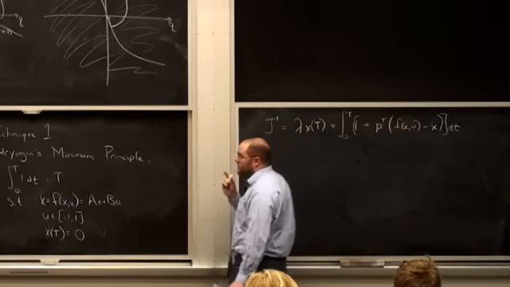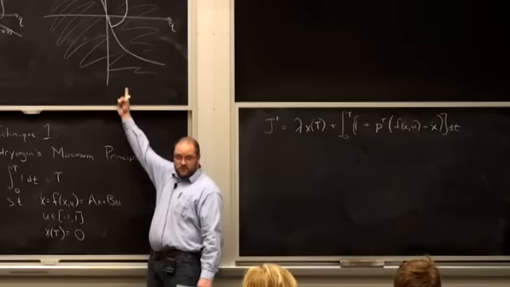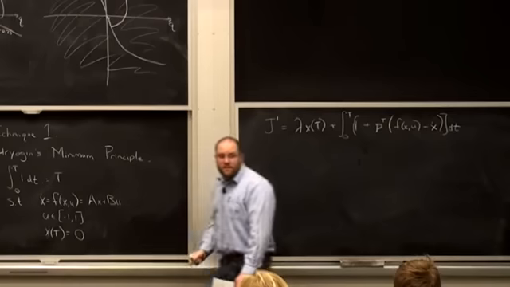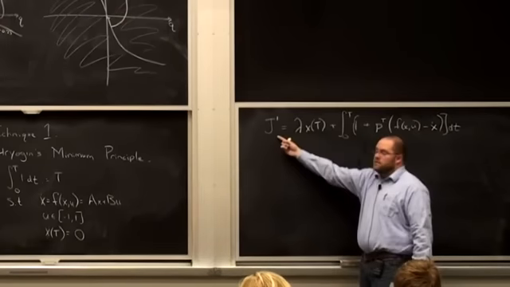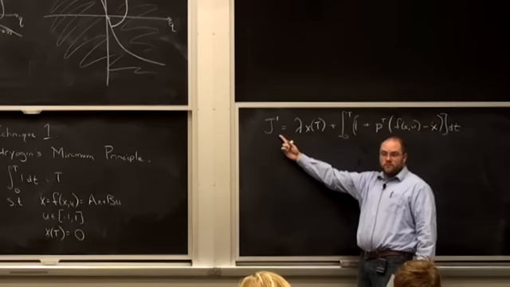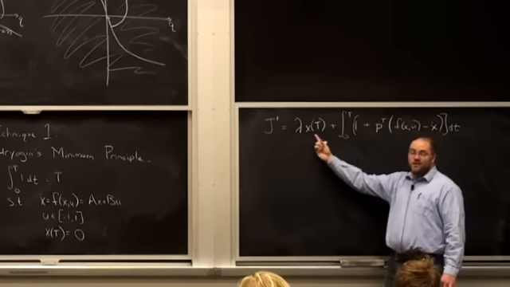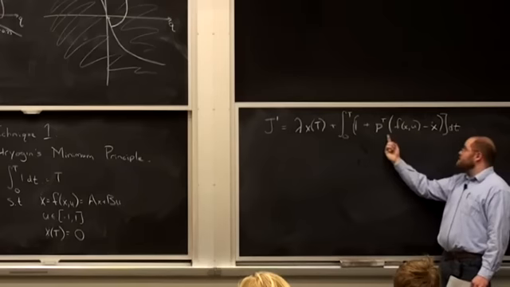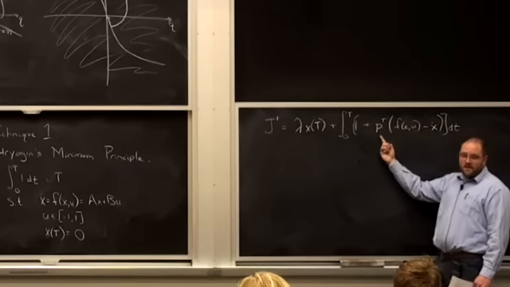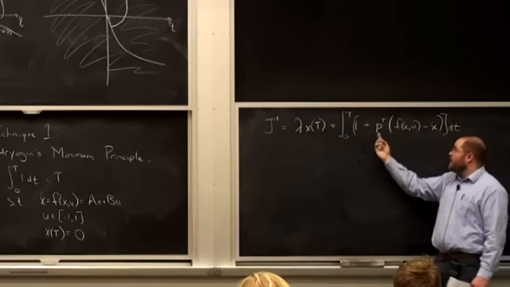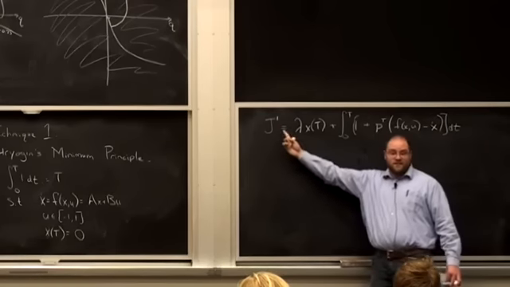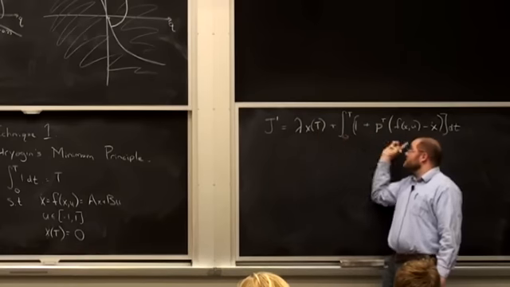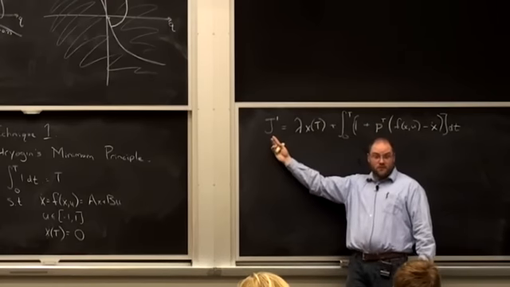The way we're going to verify optimality of this policy is by verifying that we're at a local minimum in J prime. If I change x, u, or p in any admissible way, J prime is going to change. Small changes in here are not going to change this; I'm at a local minimum in J prime.